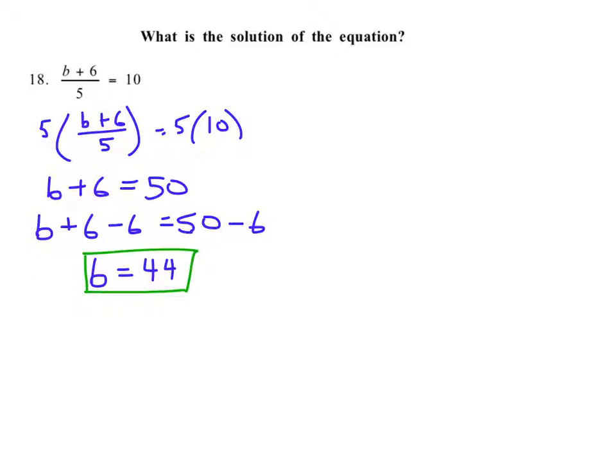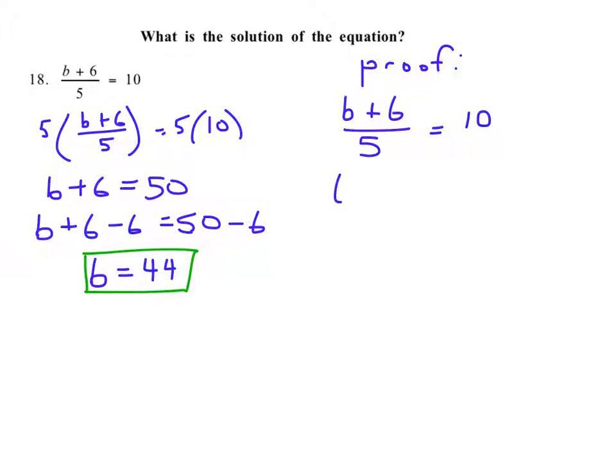Now, doing a proof. b plus 6 over 5 equals 10.